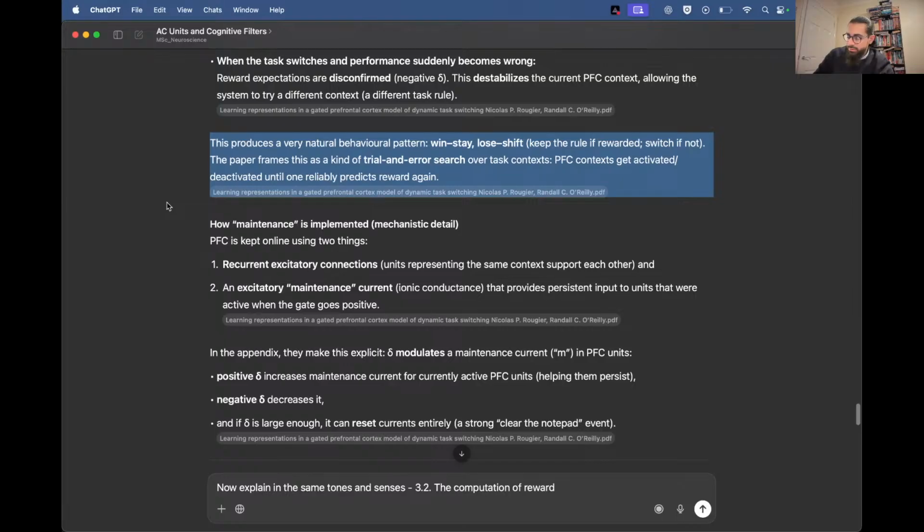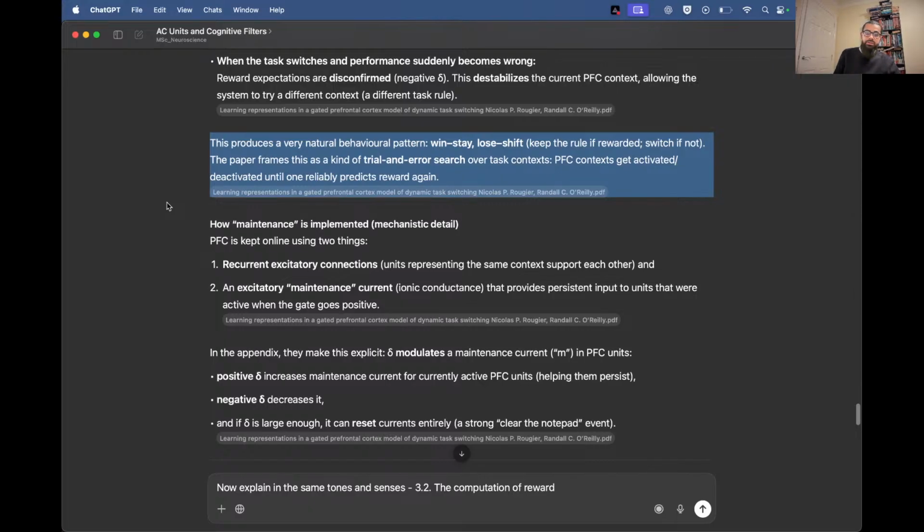Negative delta signals cause expectations to be disconfirmed.